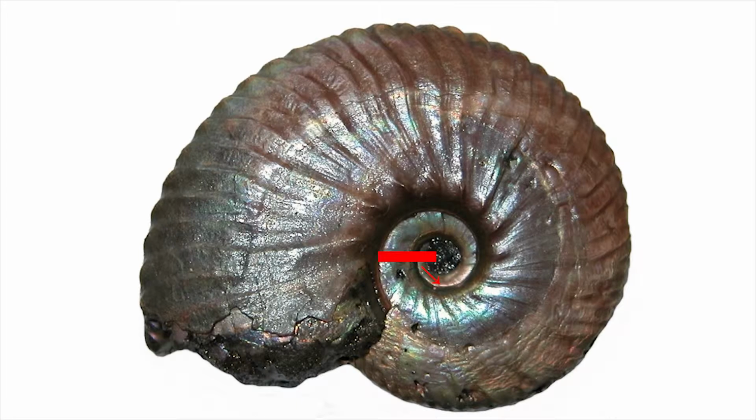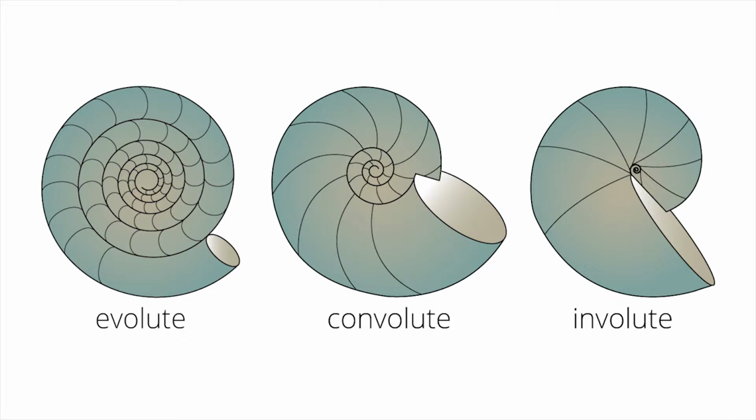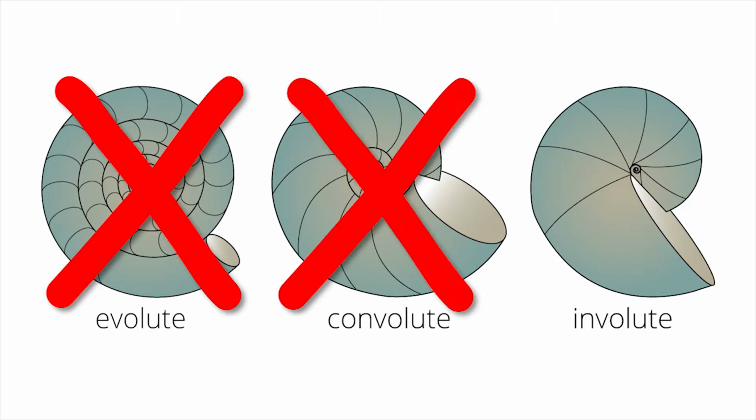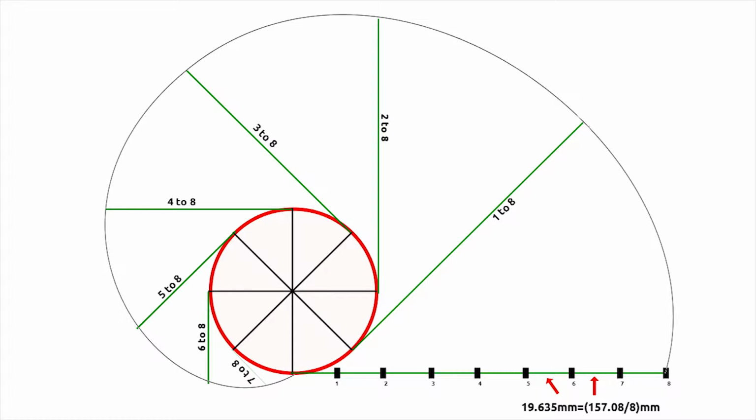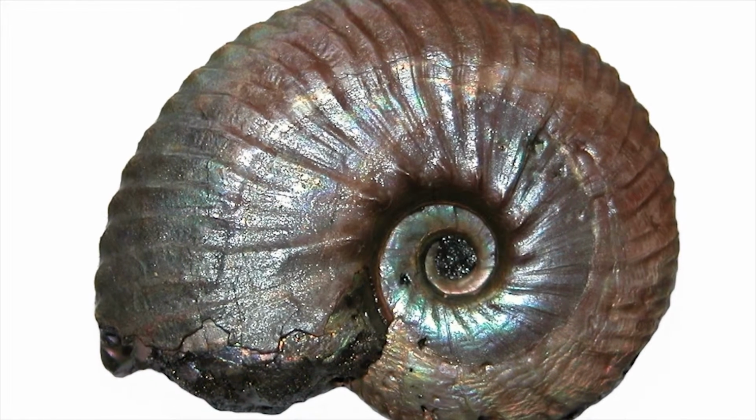Starting with the center of the spiral, each time you complete a circle is called a whorl, and there are several different kinds of spirals. But the one we're interested in is the involute spiral. This is when the larger outer whorls cover the whorls before them, giving it that kaleidoscopic appearance.